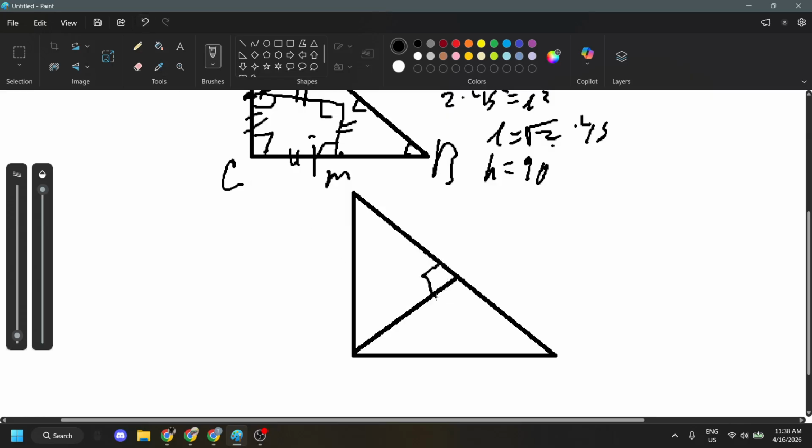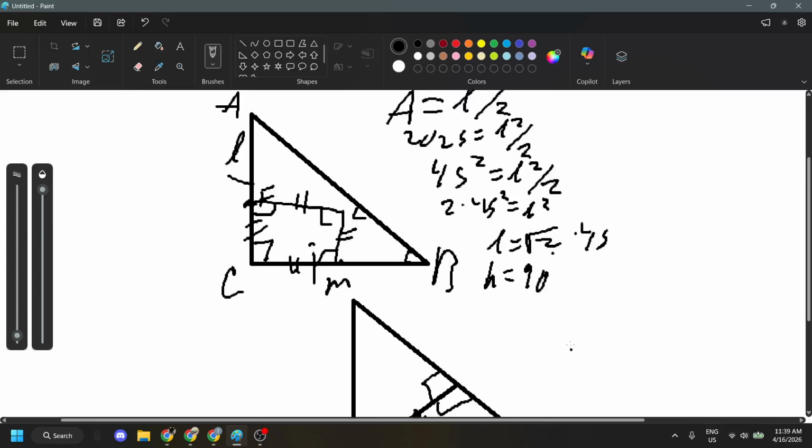This should be a right angle, this should be a right angle. This is the same as this. Then L is going to be on here somewhere. So L is going to be like here.